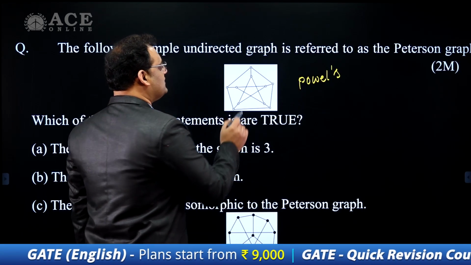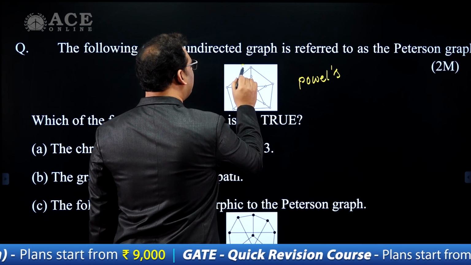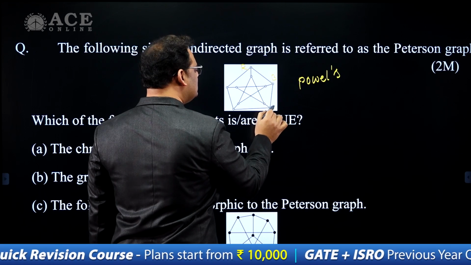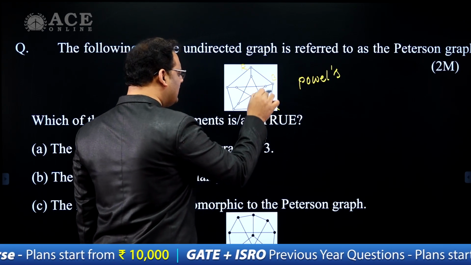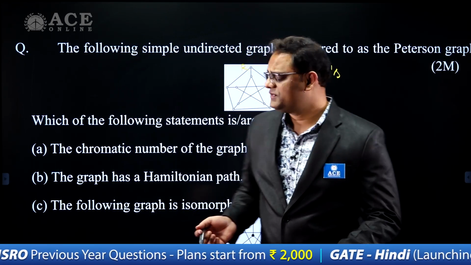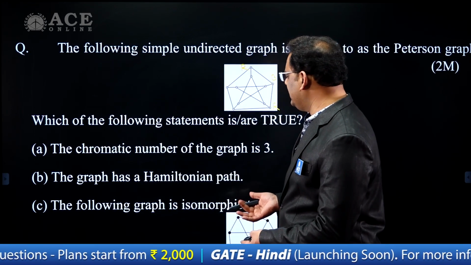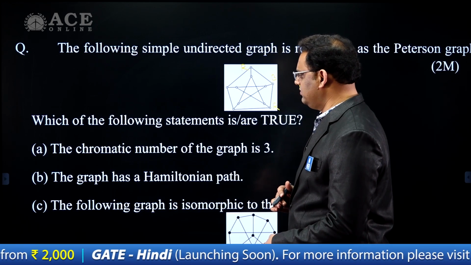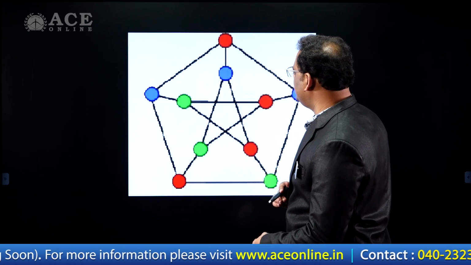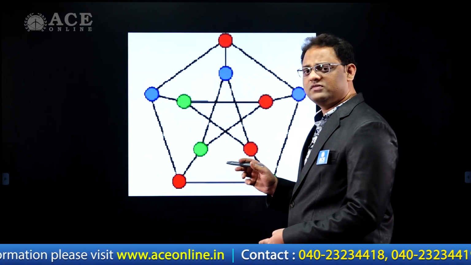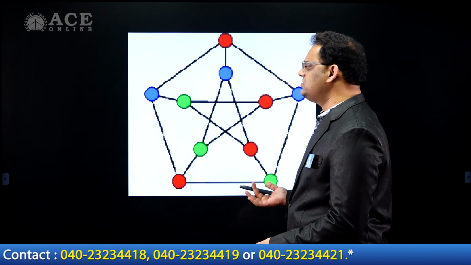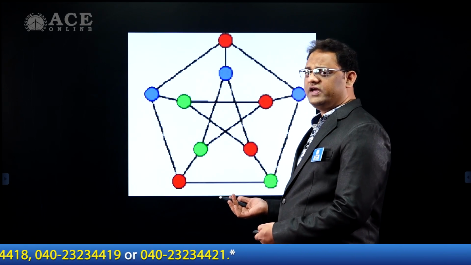So if you color the first vertex like this red and the second something like blue, and next is red. So the C5 you can color like this, my dear. When you do the coloring like this, definitely the chromatic number of the graph is going to be 3. No doubt the statement is correct. And if you want to verify that, I can show it in a pictorial form in this way. Yes, 3 colors are enough to do the proper coloring of the graph.